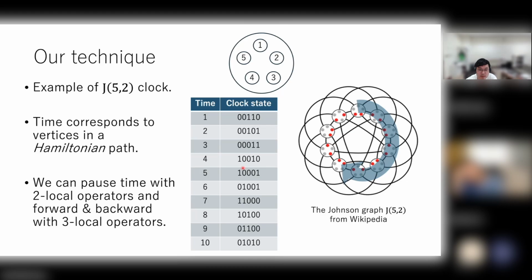In this example, we can specify time by 2 local operators and move forward and backward time with 3 local operators. So in this example, we can represent 10 times on a 5 bit clock with some 2 or 3 local operators.